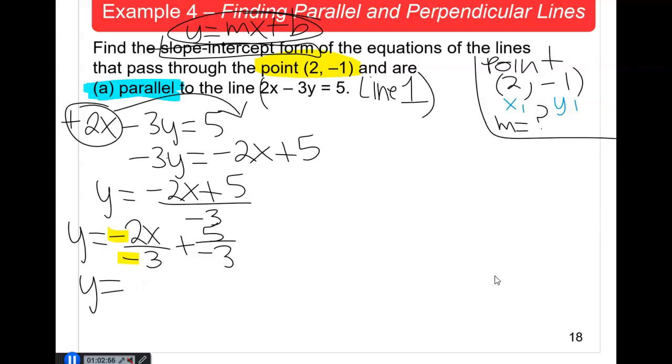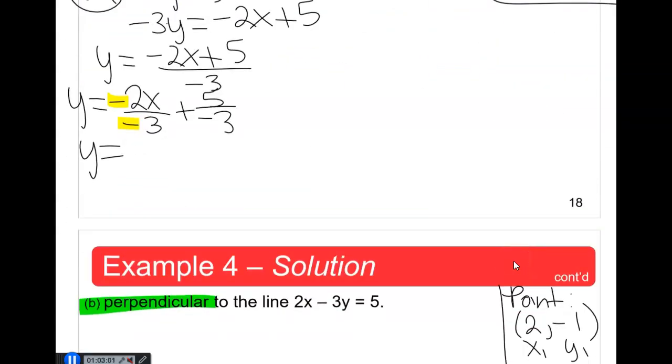So we're going to have positive 2 over positive 3, x. Now here I have positive 5 divided by negative 3, so I can just say minus 3. Now, what I need from here is the slope. Since I'm calling this line 1, it's going to be m1. So it's going to be 2/3.